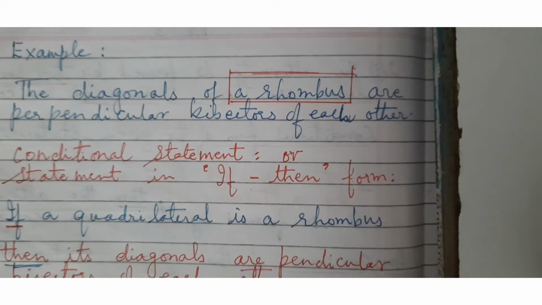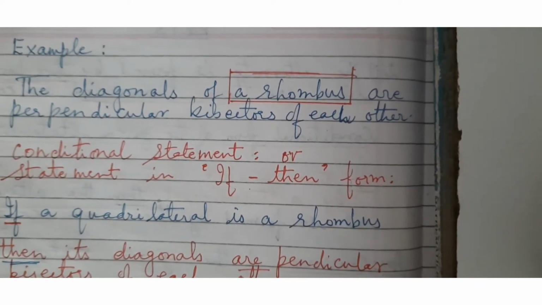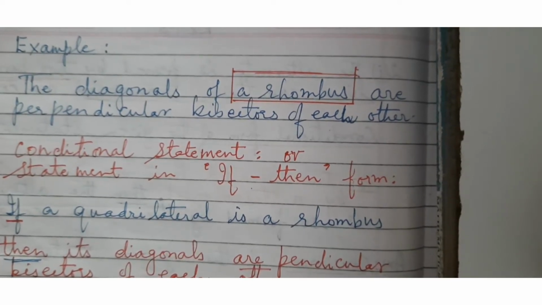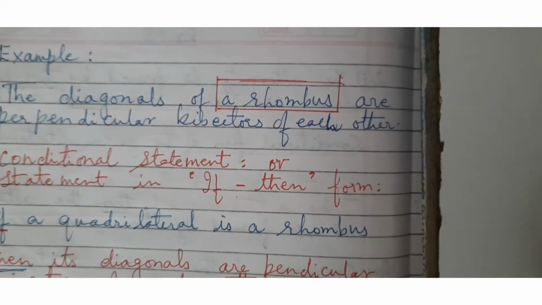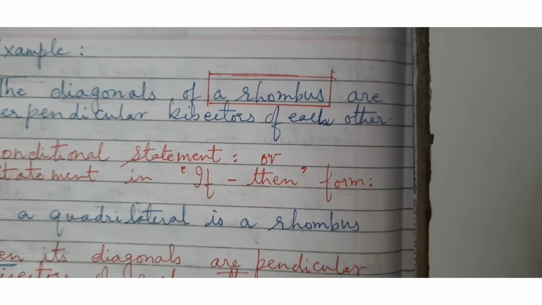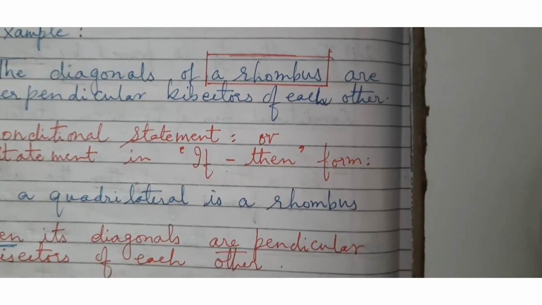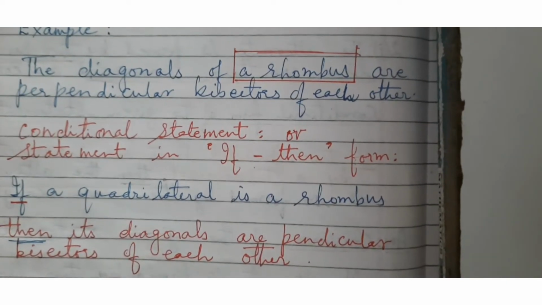See this example: the diagonals of a rhombus are perpendicular bisectors of each other. Now if you want to write down the conditional statement of this statement, that means also in the if-then form, the conditional statement in the if-then form should have the same meaning as the original given statement.